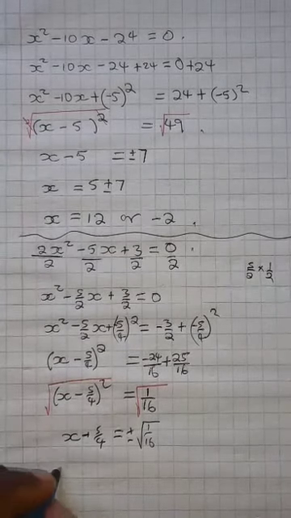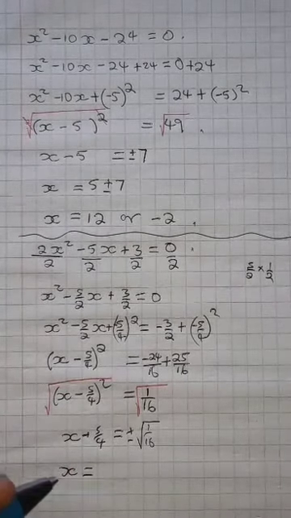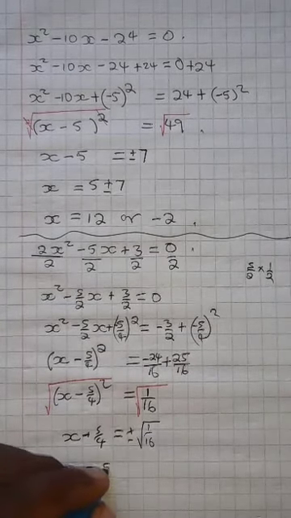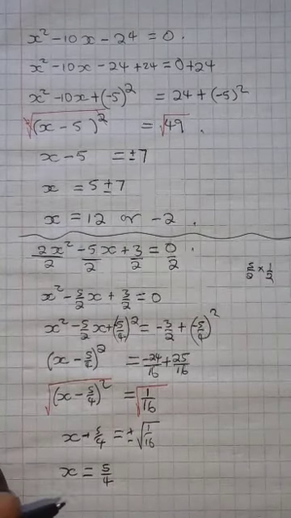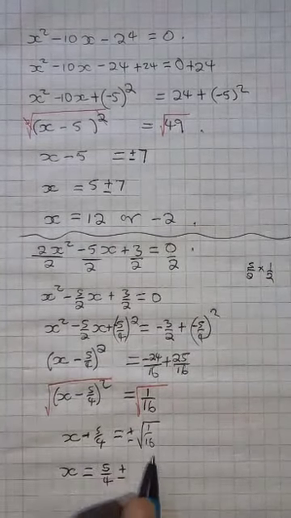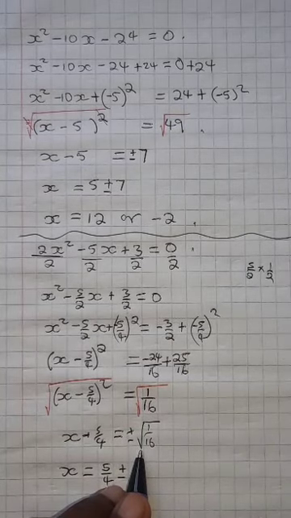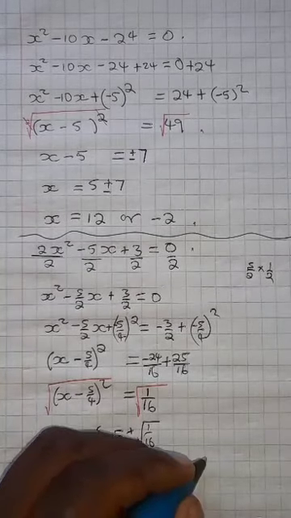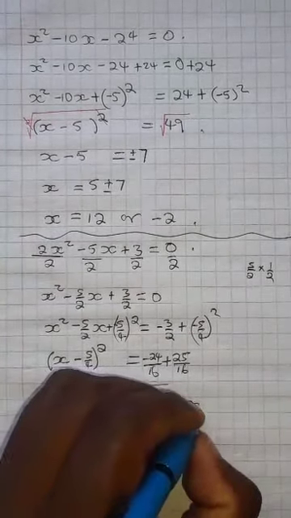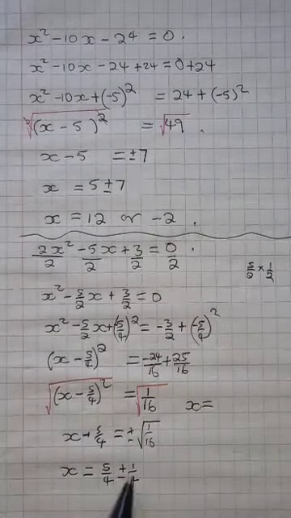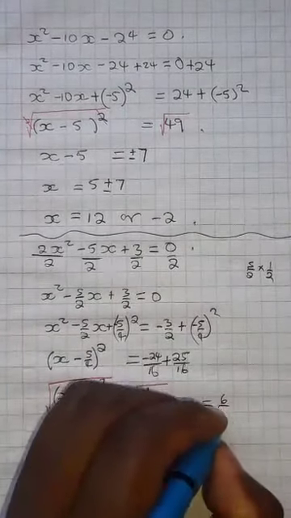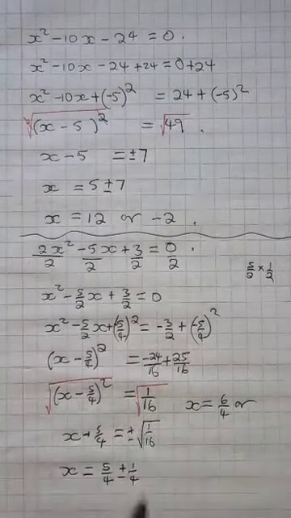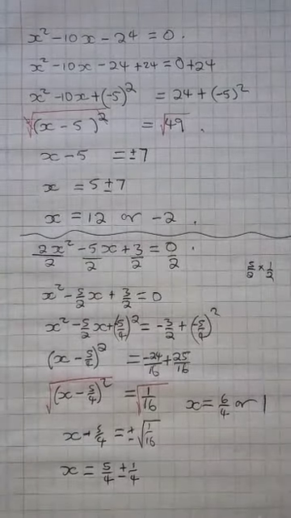We take the 5 over 4 to the other side and it becomes positive. So x is equal to 5 over 4 plus or minus 1 over 4. That gives 5 over 4 plus 1 over 4 is 6 over 4, or 5 over 4 minus 1 over 4 is 4 over 4, which gives us 1.